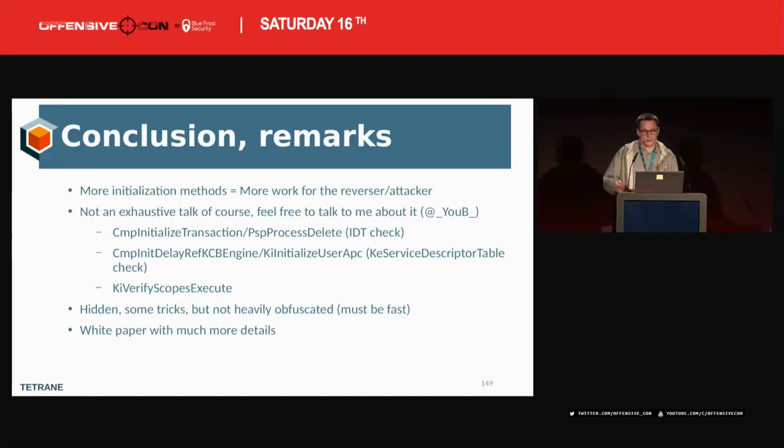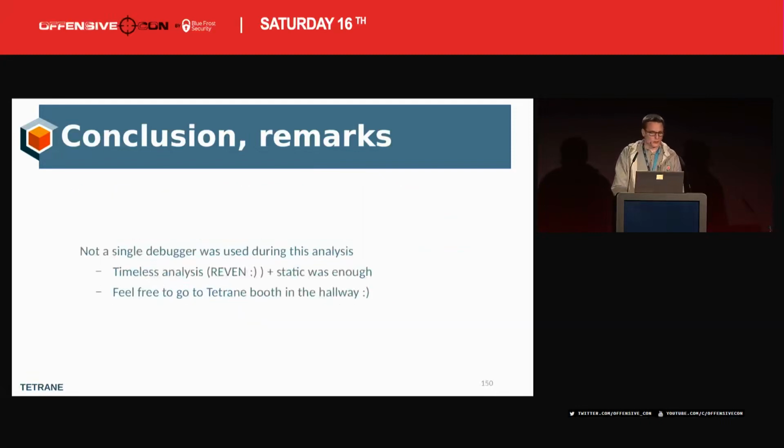But the other thing is that it's hidden and it uses a lot of tricks. There will be a white paper with much more details in it. Writing it takes a long time, but I'm trying to do it as soon as possible. Our conclusion is that not a single debugger was used during this analysis.